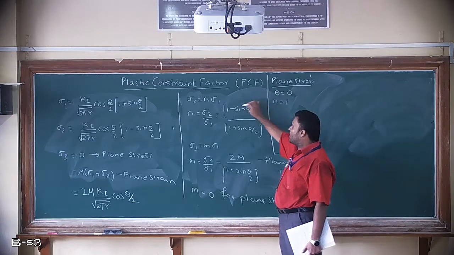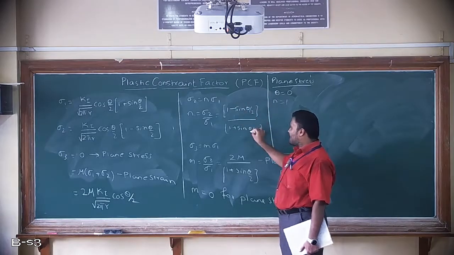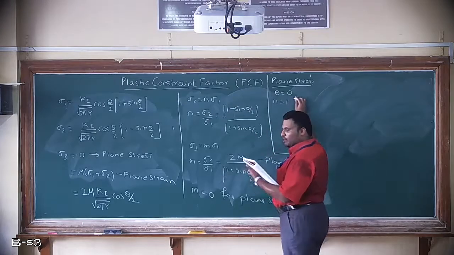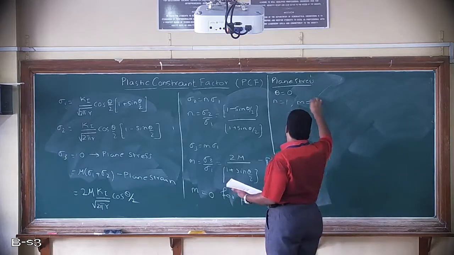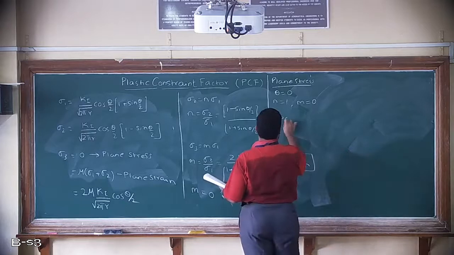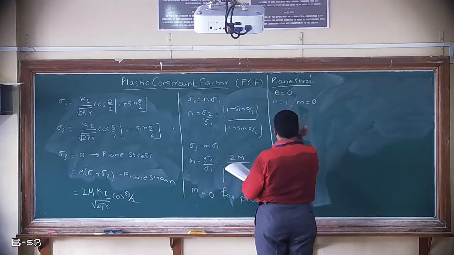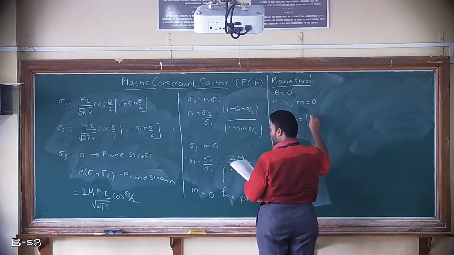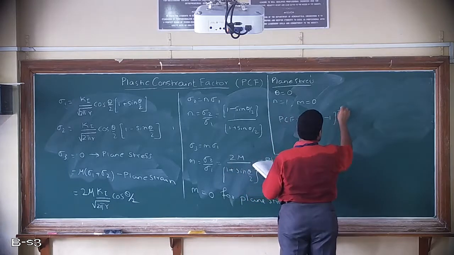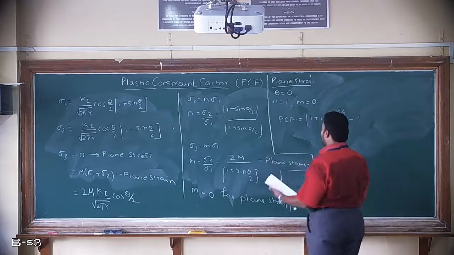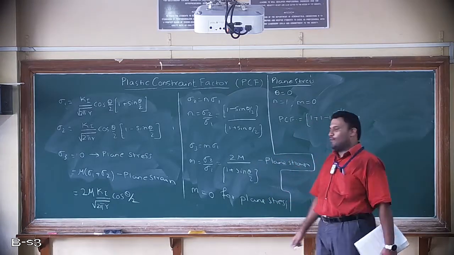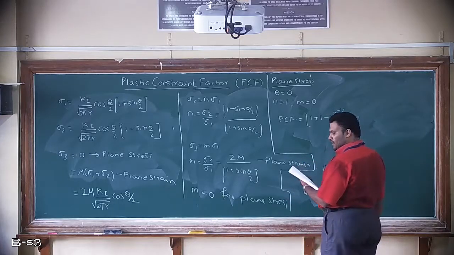So ultimately what remains is 1, and here also sin 0 is 0 and what remains is 1, so 1 by 1 will be 1. So n will be equal to 1, and for plane stress m is 0. So what will be the plastic constraint factor PCF? That will be equal to 1 plus 1 minus 1 raised to minus half, and this can be written as 1. So when theta is equal to 0, the plastic constraint factor will be equal to 1. That means what?